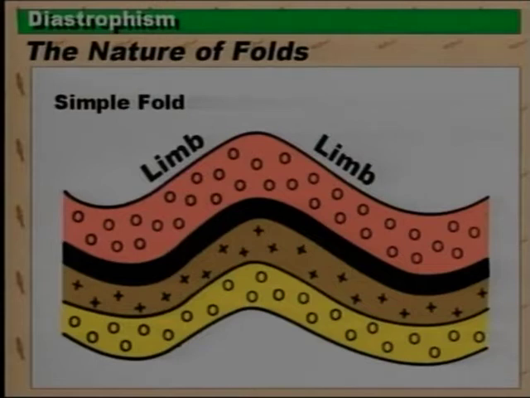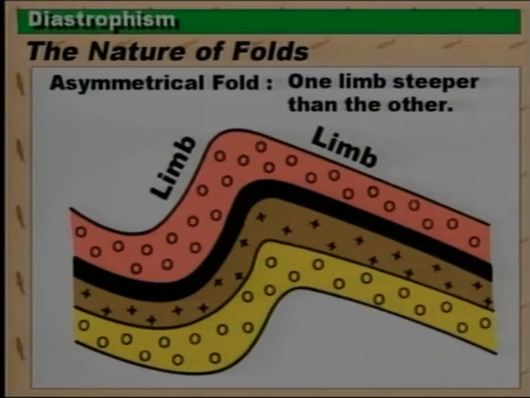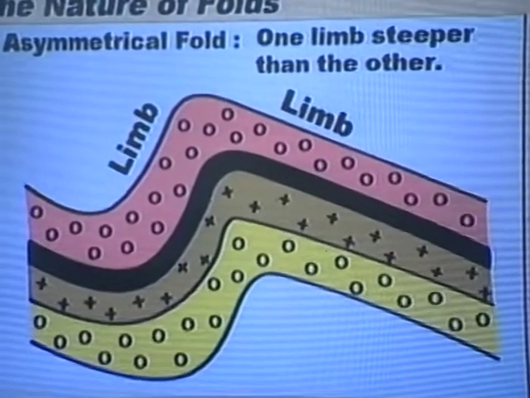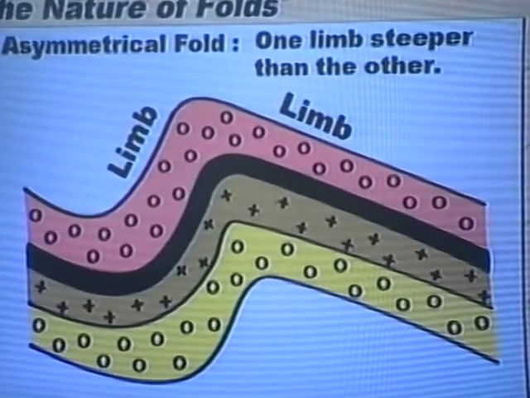You can see for the simple fold, the limbs are actually about the same on both sides. Continuous forces of compression, we'll see an asymmetrical fold of which one limb now becomes steeper. This side here becomes steeper than the other limb. And when you have one limb steeper than the other limb, that fold is referred to as an asymmetrical fold.